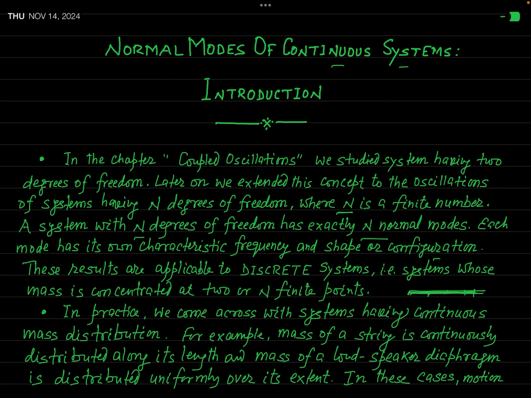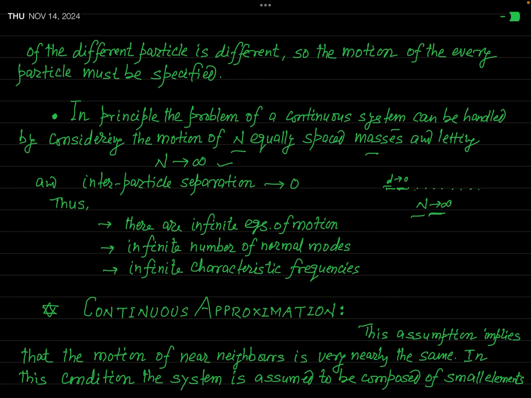So there will be infinite number of equations of motion, because there will be one equation for each particle. Okay, and these equations could in principle be solved to give the motion of every one of the infinite particles. And we would expect the system to have an infinite number of normal modes, and each mode having its own characteristic frequency, as you have learned earlier.